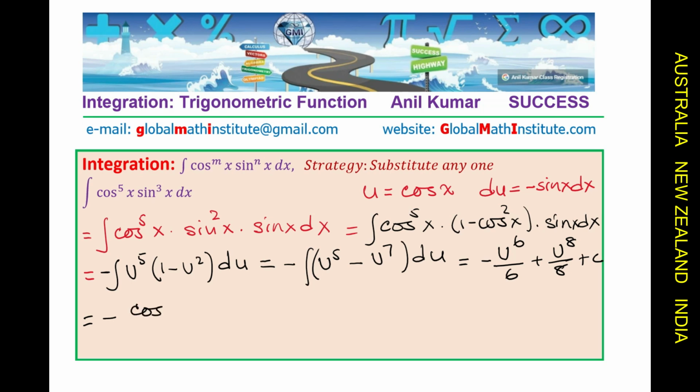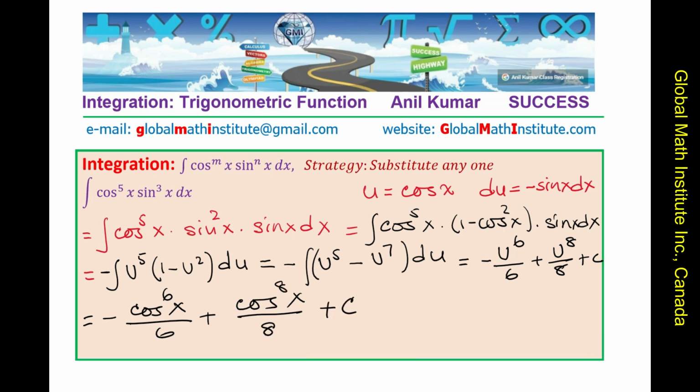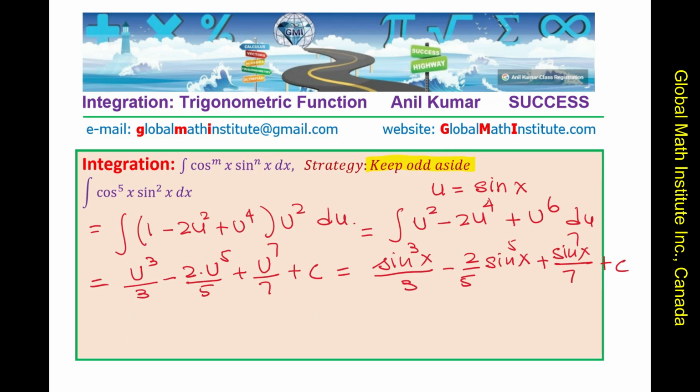So we get cos to the power of 6x over 6 plus cos to the power of 8x over 8 plus c. So that becomes the solution of this particular problem. So see how we have solved all these questions without any problem, correct? So that is how we should be doing it. Perfect. So I hope the concept is absolutely clear.